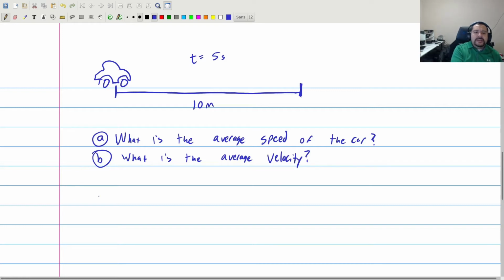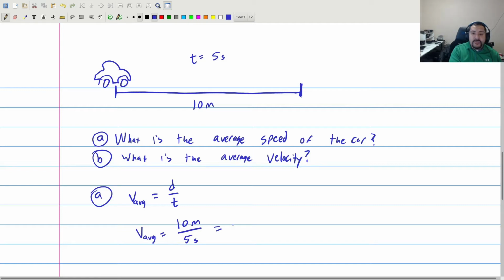Okay, so taking a look at letter A, we're supposed to find the average speed of the car. So here's what we want to do. We're going to start from the average speed formula. So V average is going to be equal to D over T. In this case, it's going to be V average is equal to 10 meters divided by 5 seconds.